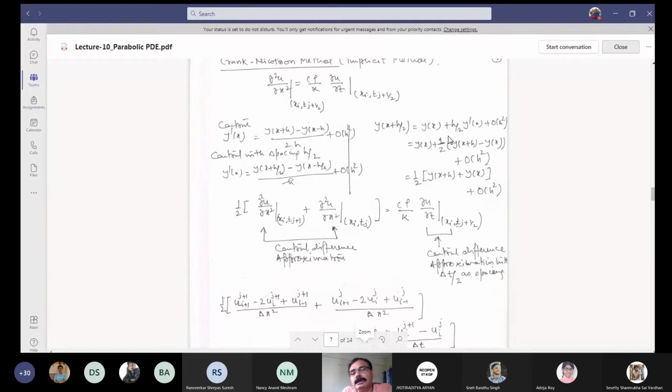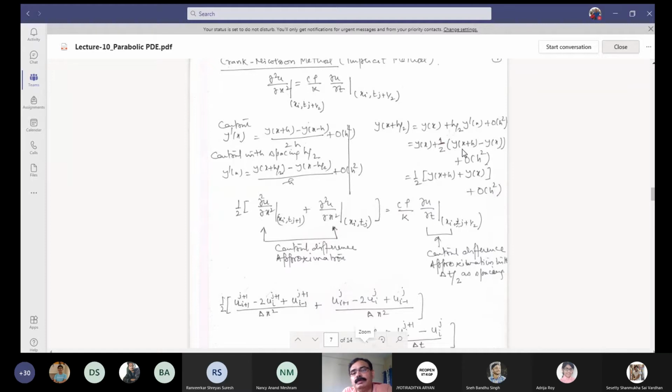forward one. So it is your 1 by 2 will be out. h y prime, if you see y x plus h minus y x, you get that y x plus h equal to y x plus your h y prime x plus so on. So y x plus h minus y x can be written as h y prime.